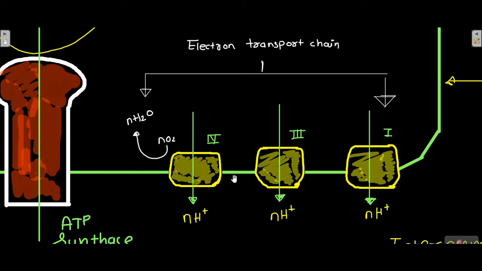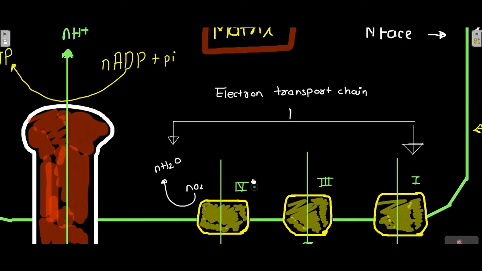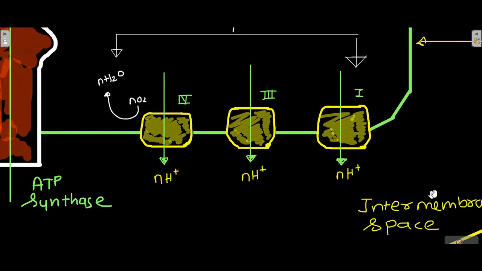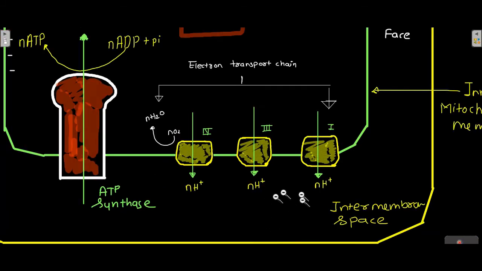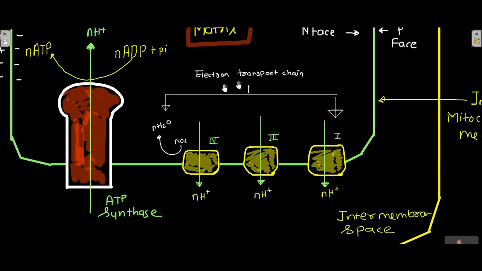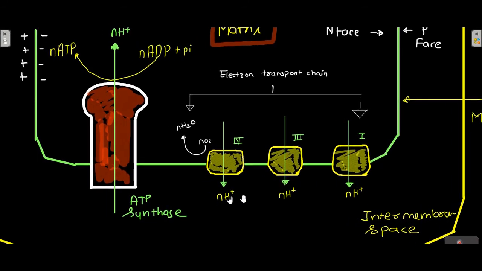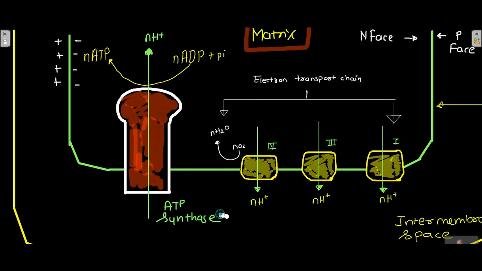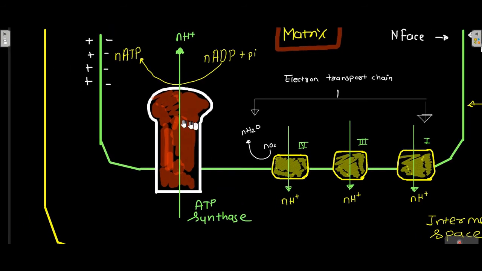In this process, protons are transported from the matrix to the intermembrane space. Protons accumulate in the intermembrane space because of the electron transport chain, and that is the reason a proton motive force develops. This side has a more positive charge and this side has a negative charge.